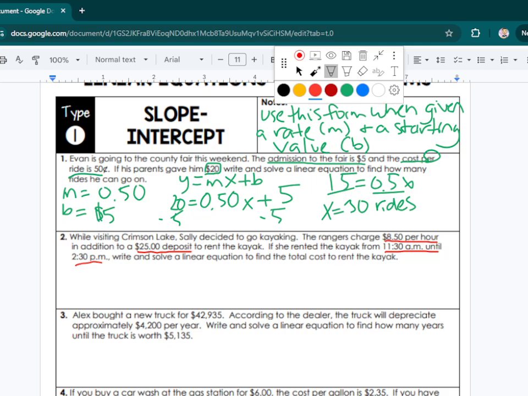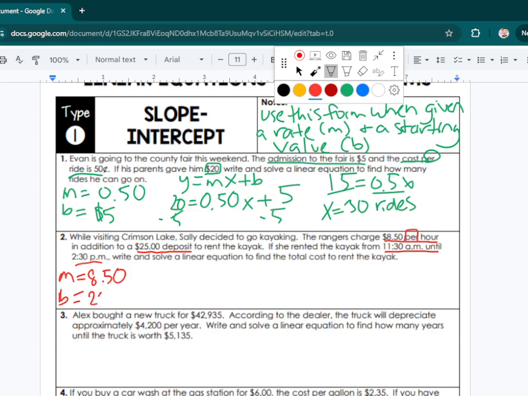Okay, so again, we'll start off by figuring out what our m is. So again, look for the keyword per, in this case, $8.50 per hour. So m, our slope, is $8.50. And then b is our starting value, the thing that does not change regardless of the variable.